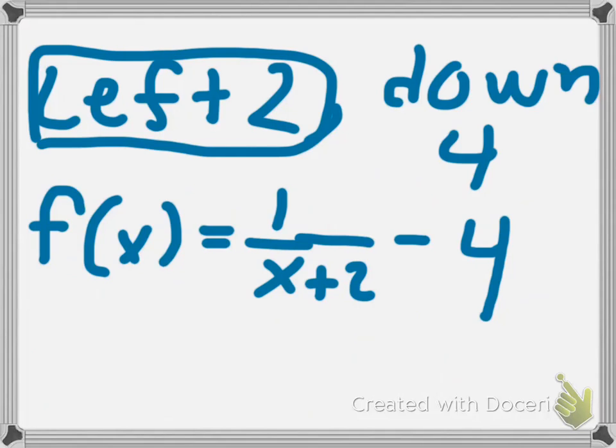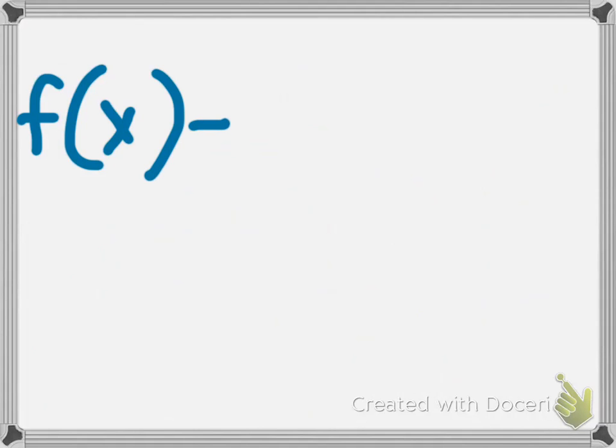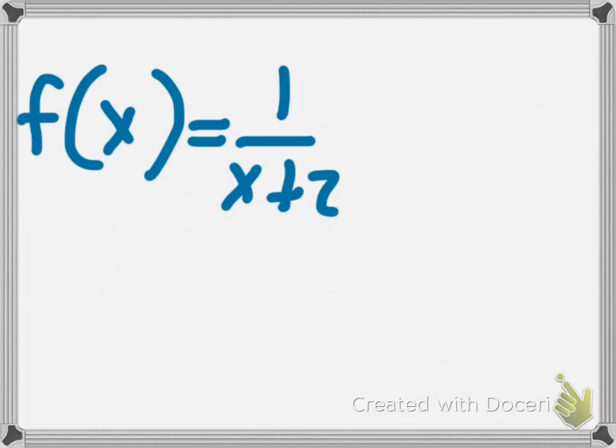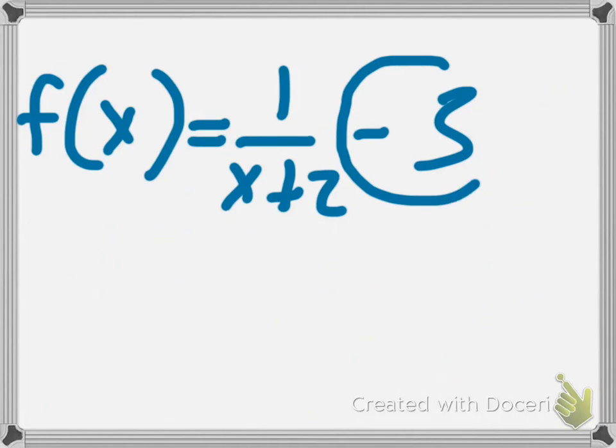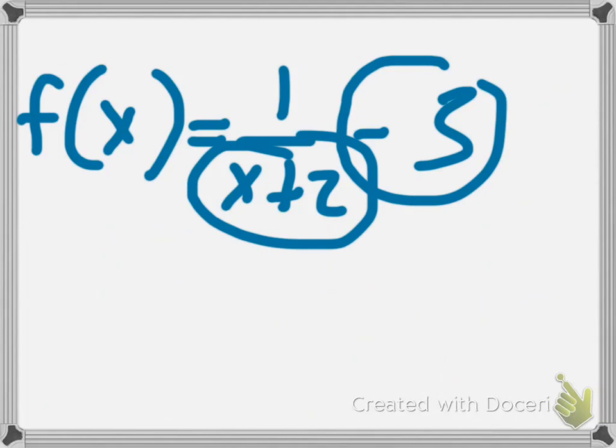Now, let's do a second example of this. This time we will do a transformed form. So f of x equals 1 over x plus 2, minus 3. This equation has given us very good information which will help us for our VA and HA.